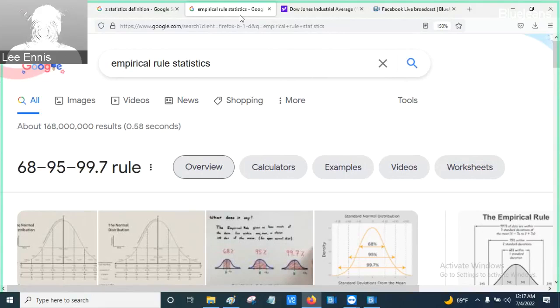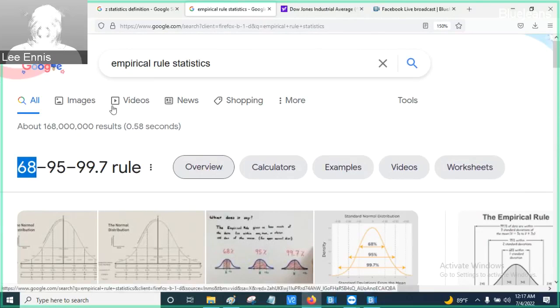So this is the empirical rule, 68, 95, and 99. And so that's what I've been using. So when you see that 70%, that's the 68, the 95, and then the 99. All right. And what this means is that statistically we can calculate 68% of the time what's going to happen with any event.